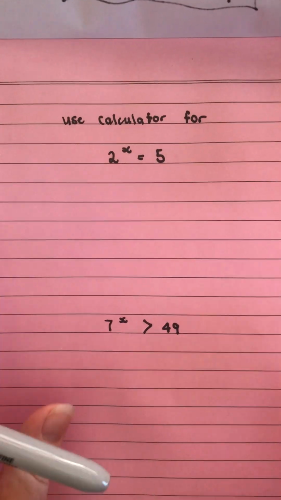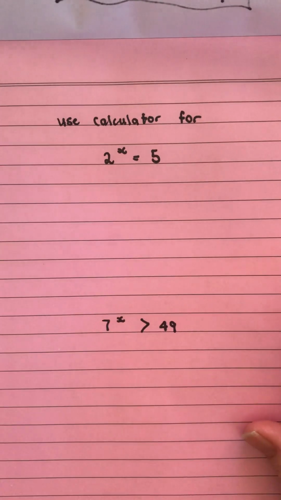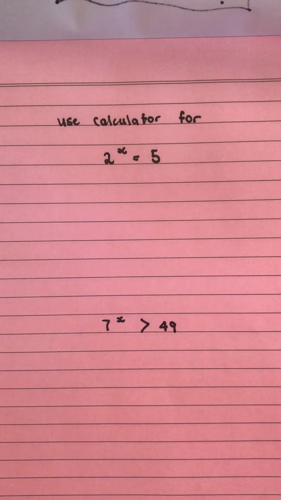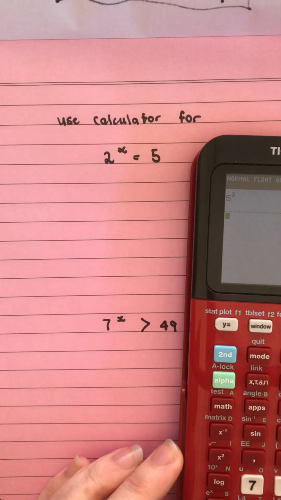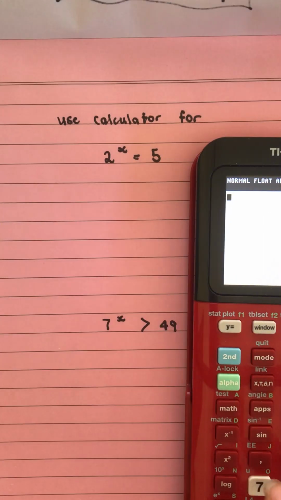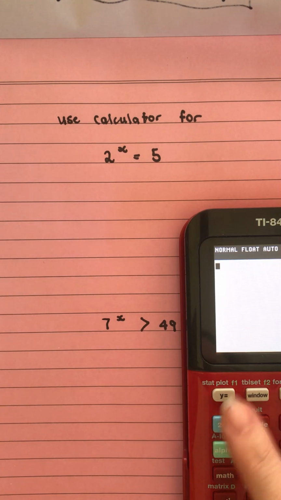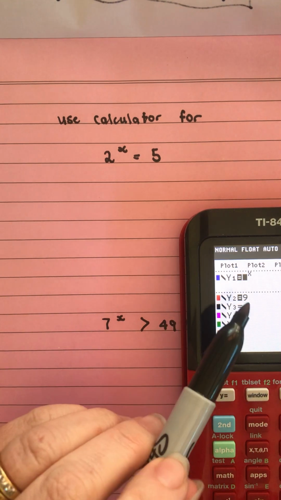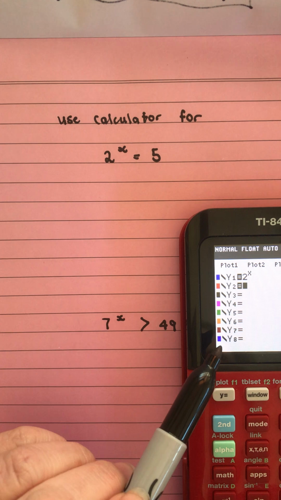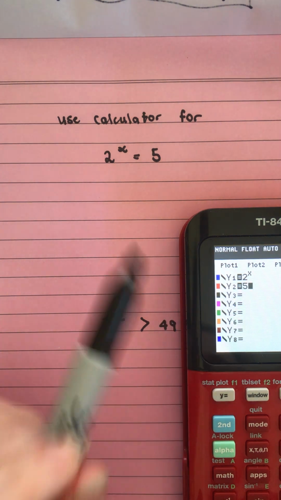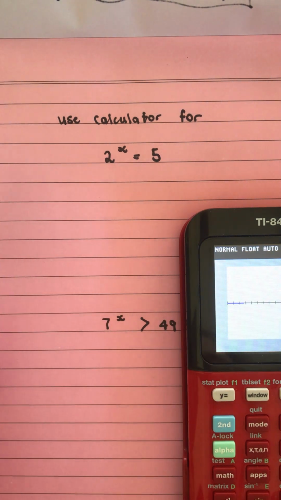We do have another example where we use our calculator. So we've got 2 to the power of x equals 5. Now, obviously when we get into logs, we're going to show you how to solve that way. But what we can do is similar to my previous video where we graph the exponentials, is put in our 2 to the power of x, which we already had from last time, and instead have y equals 5, and we can see where those two cross.